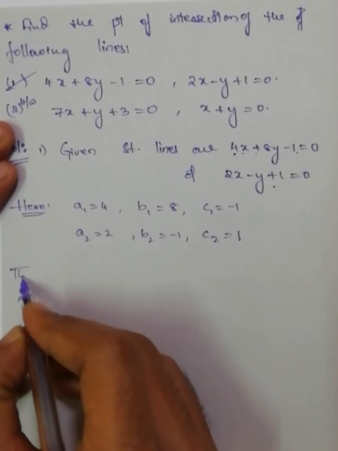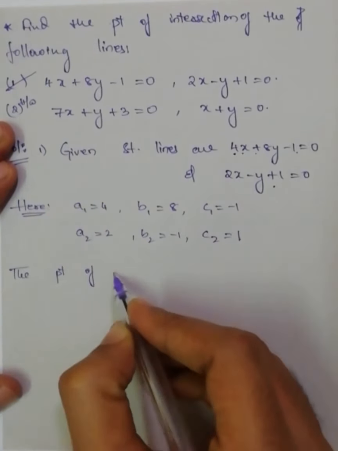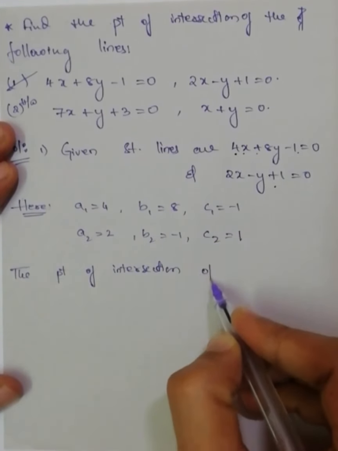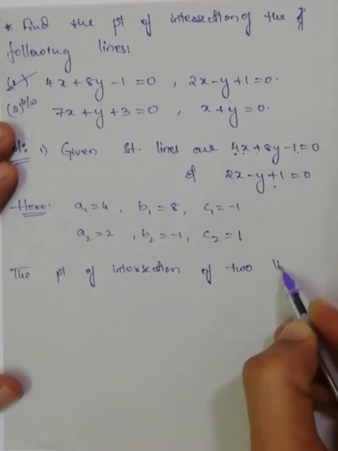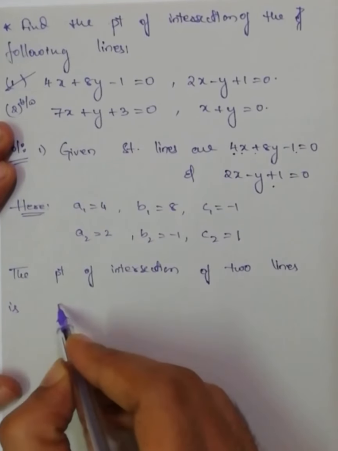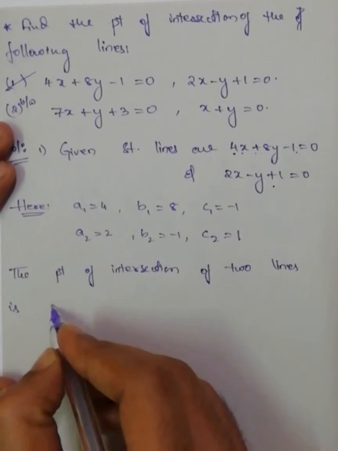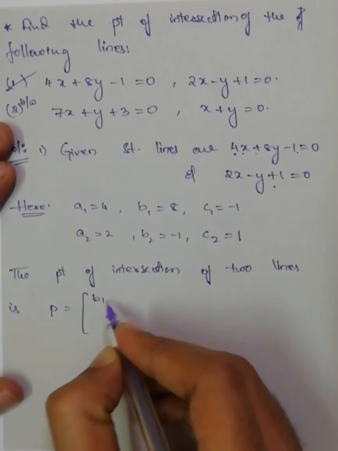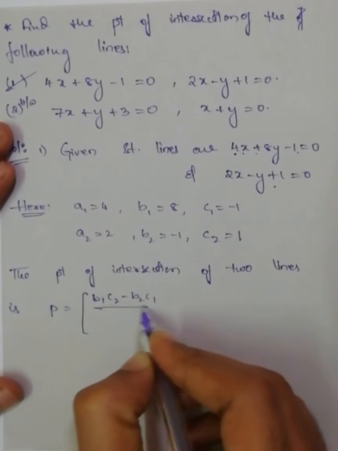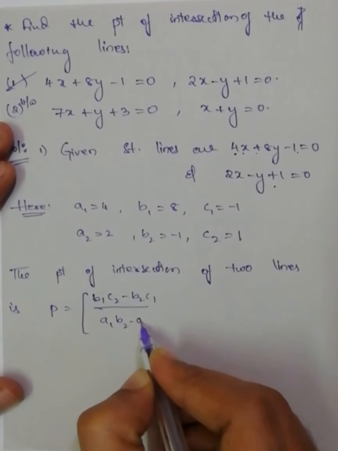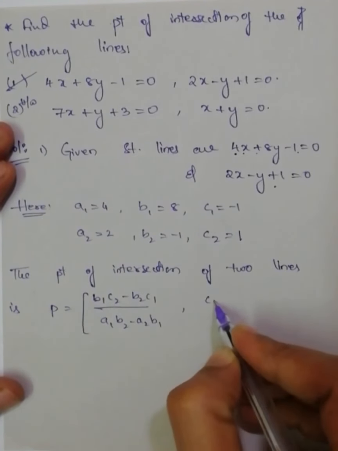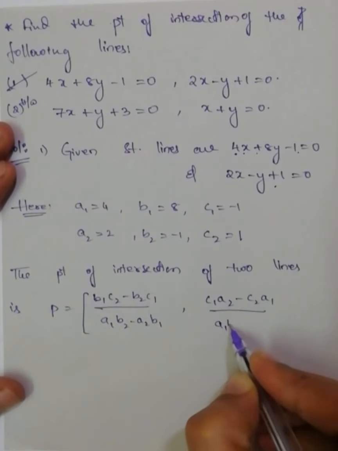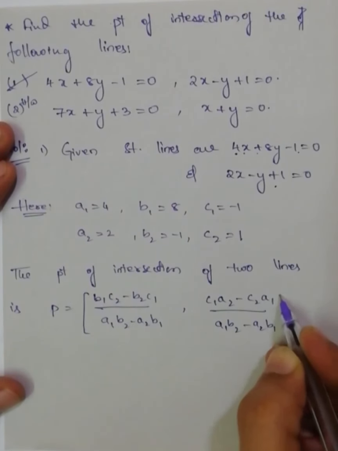Now the point of intersection of two lines is, just now we wrote a formula, P is equal to (b1 c2 minus b2 c1) by (a1 b2 minus a2 b1), comma (c1 a2 minus c2 a1) by (a1 b2 minus a2 b1).